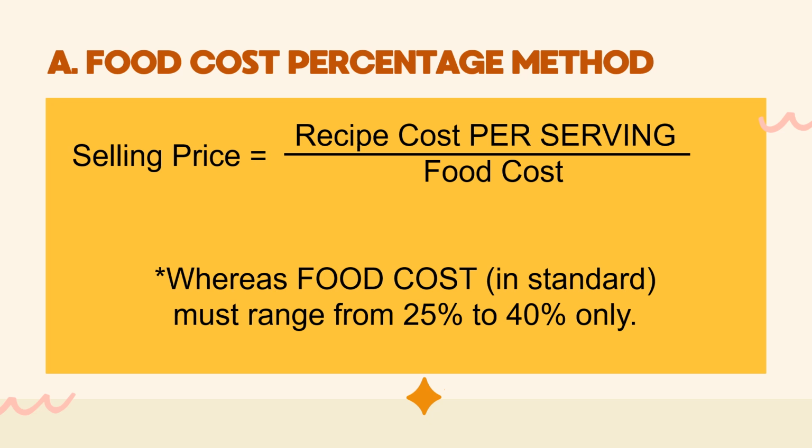So here, selling price is equal to recipe cost per serving divided by food cost. Take note of this, food cost must range from 25% to 40% only.